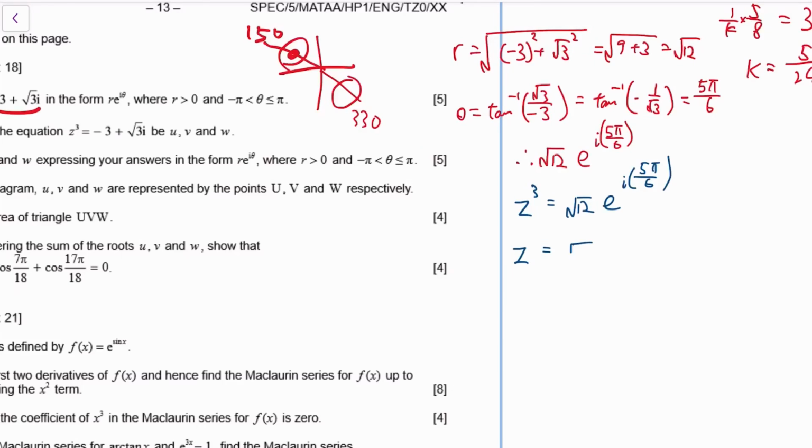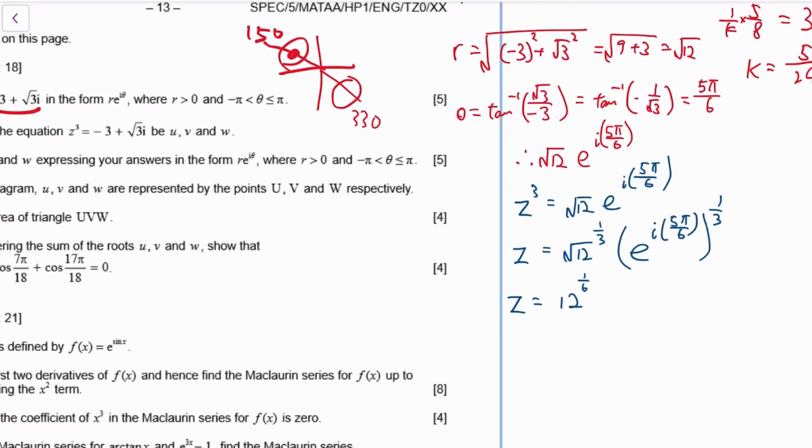So you cube root this, how should I write it? Like this, and you cube root this. Square root of 12, cube root, maybe 12 to the power of 1/6. Okay, because square root of 12 is the power of a half, and then you take 1/3 of it, so you multiply them, that's 1/6.